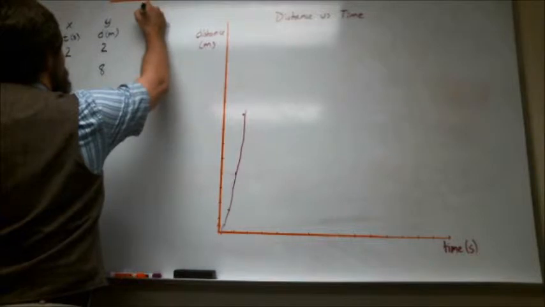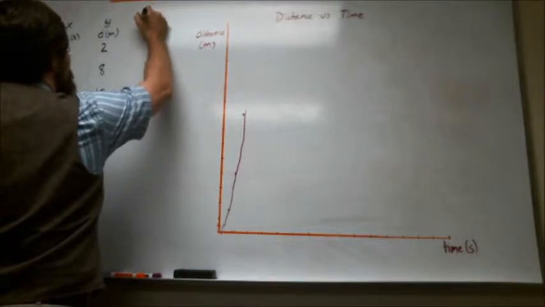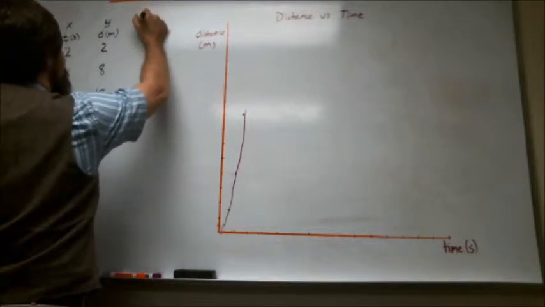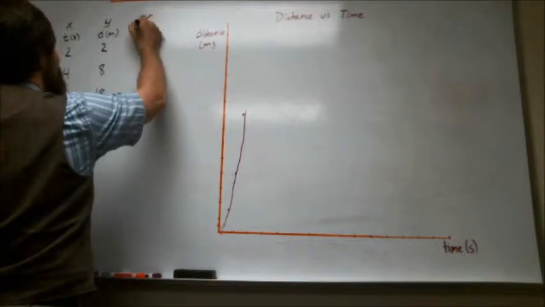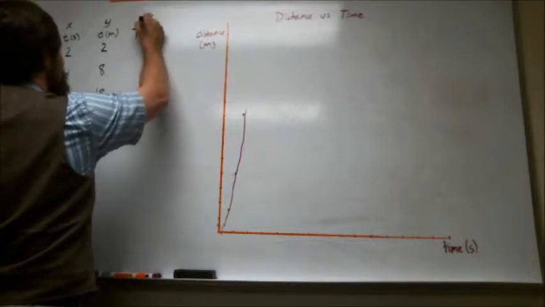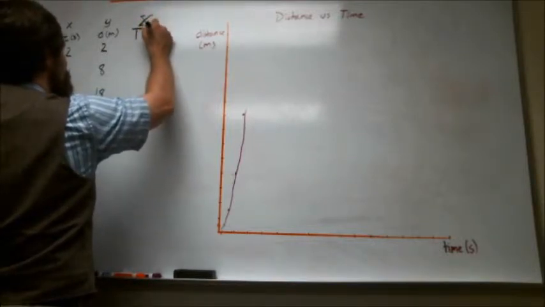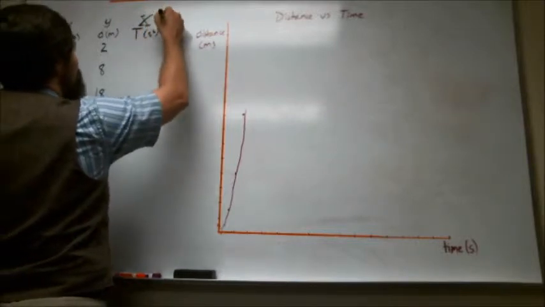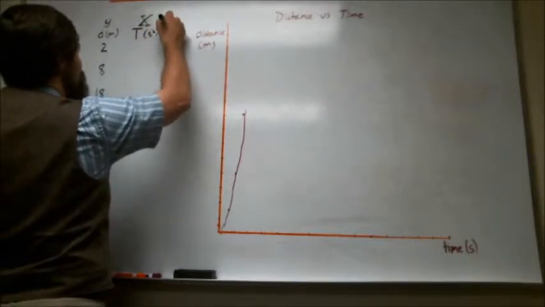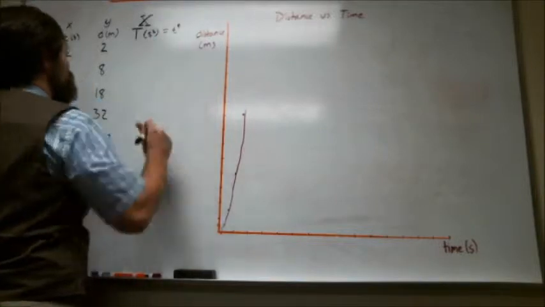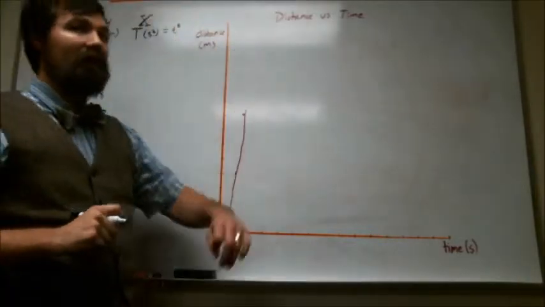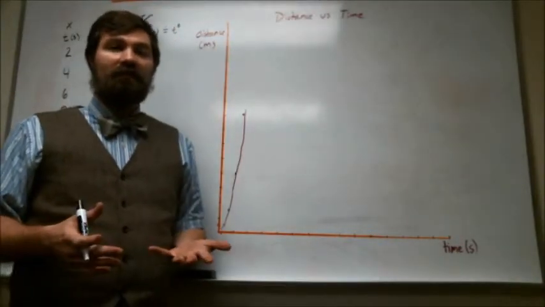So I'm going to create a new variable. I guess we'll call it capital T, and capital T is little t squared. In other words, what's going on to the capital x-axis is little x squared.